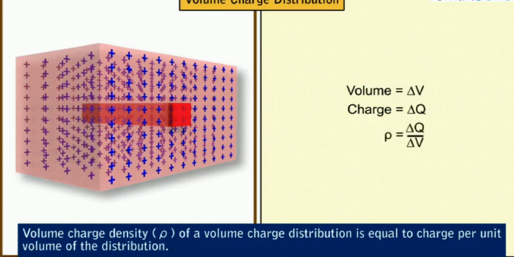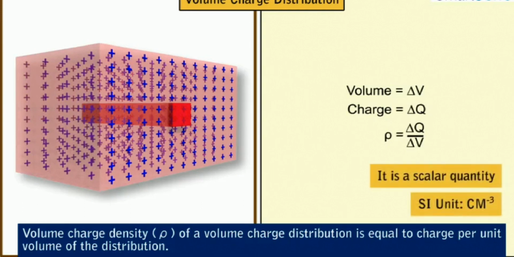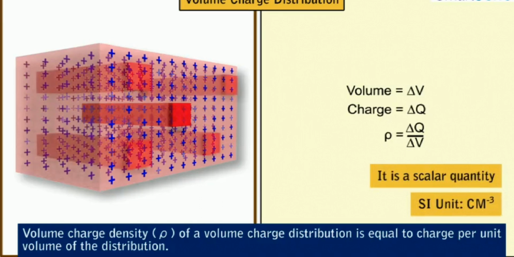Thus, ρ is equal to delta Q by delta V and is measured in Coulomb per meter cube in SI unit. It is a scalar quantity.